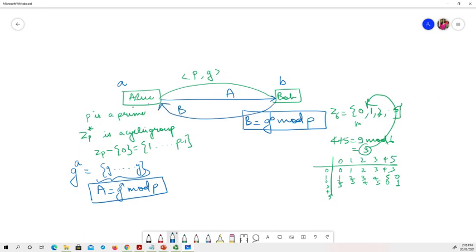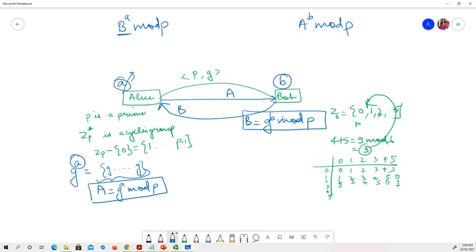Okay, so Alice computes this and sends it to Bob, and Bob sends his to Alice. Now once they receive the respective colors, what would Alice do? Alice would compute B to the power of a modulus p, because she knows a. Similarly, Bob would compute A to the power of b modulus p, because Bob knows b and Alice knows a.